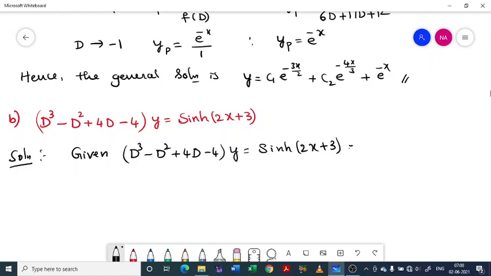So this will be e power 2x plus 3 minus e power minus 2x minus 3, divided by 2.